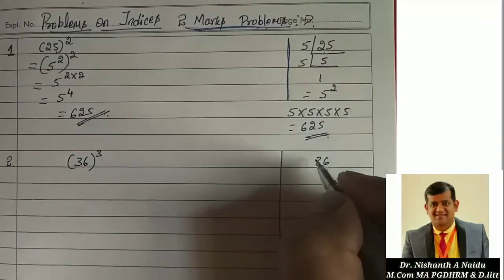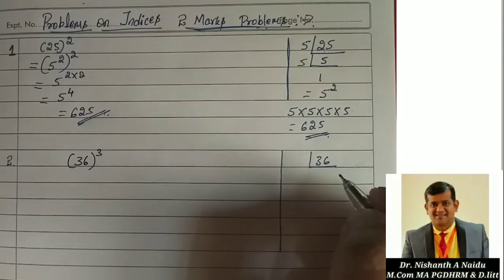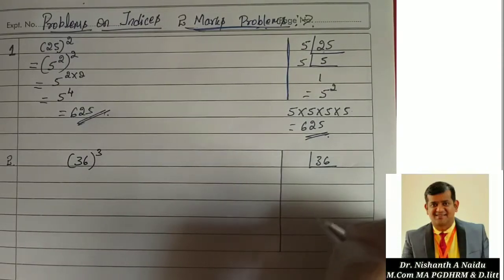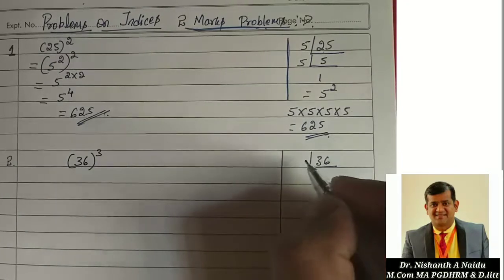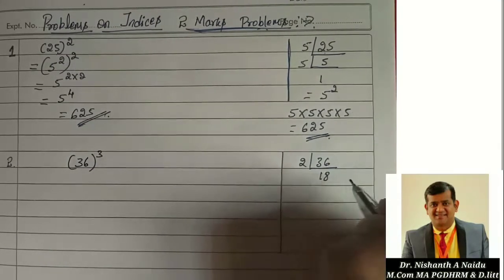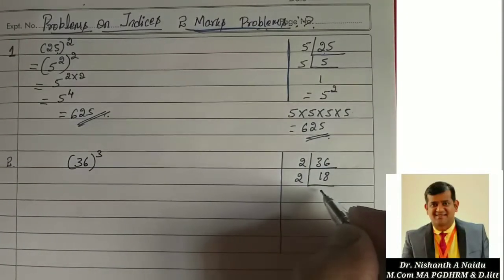See, usually while taking LCM you have to start with the small table. In which table does it go? If you take 2, the 2 table has 36. 2 18s are 36, correct? Then 2 9s are 18.